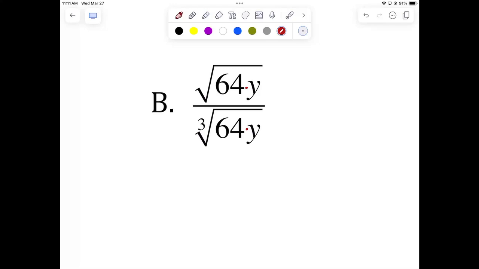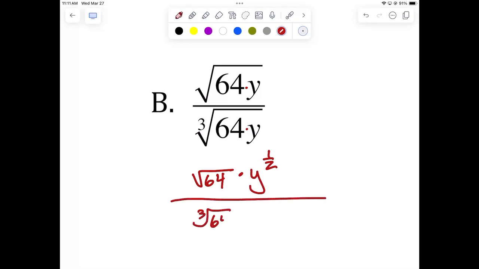So I'm going to split it up: the square root of 64 times y to the 1/2 power, all over the cube root of 64 times y to the 1/3 power. I left the numbers in radical format, and then I put the radicals on the variables in exponential format.